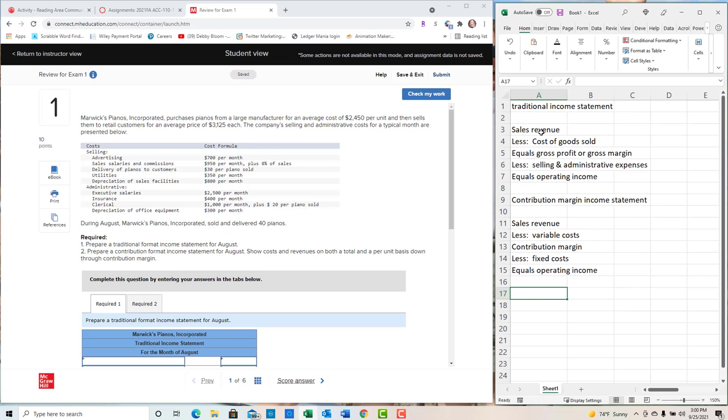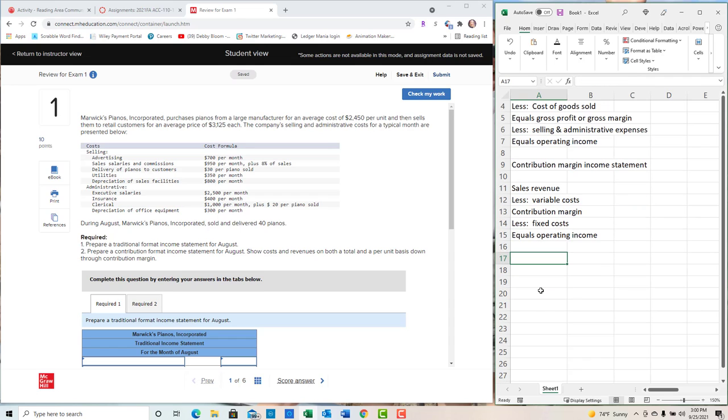Notice that we're going to have to calculate sales revenue in either case, and cost of goods sold is a variable cost. So let's first begin by calculating sales revenue, and let's also calculate cost of goods sold. So to calculate sales revenue, I'm going to take the 40 pianos and multiply it by the $3,125 sales price.